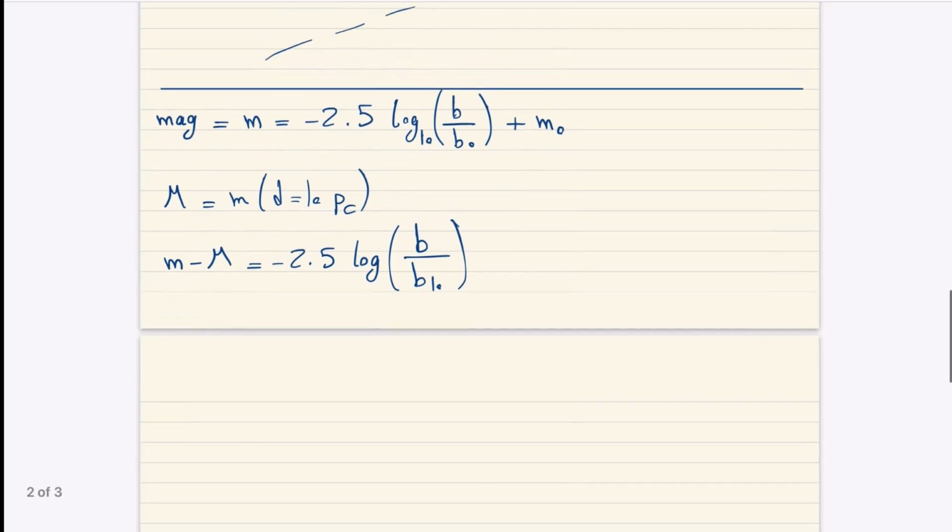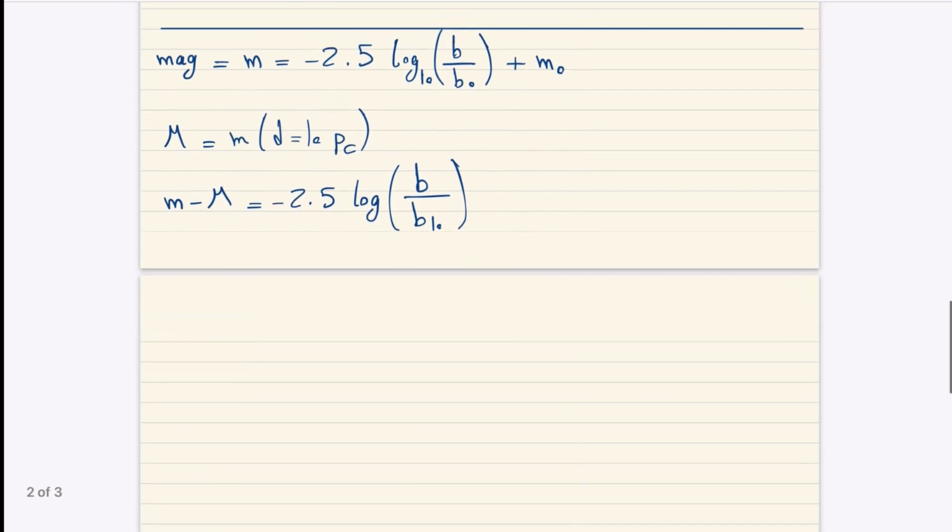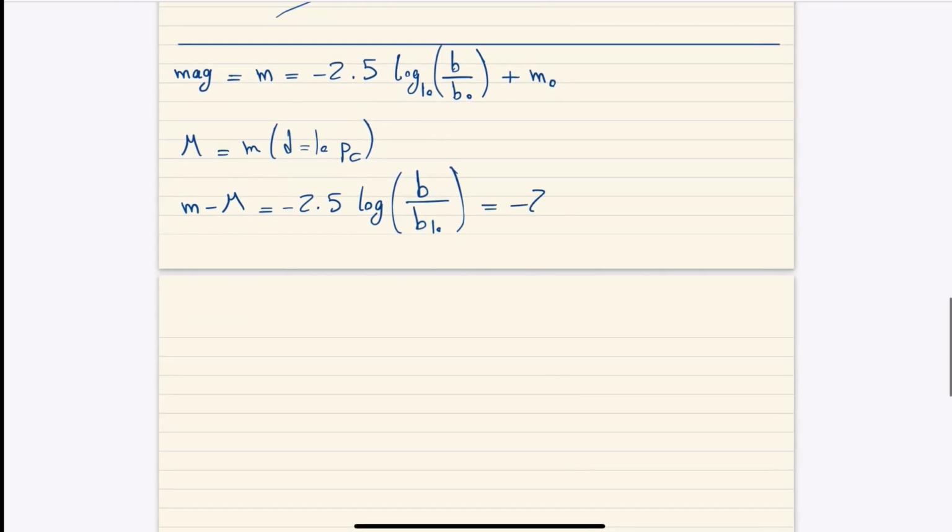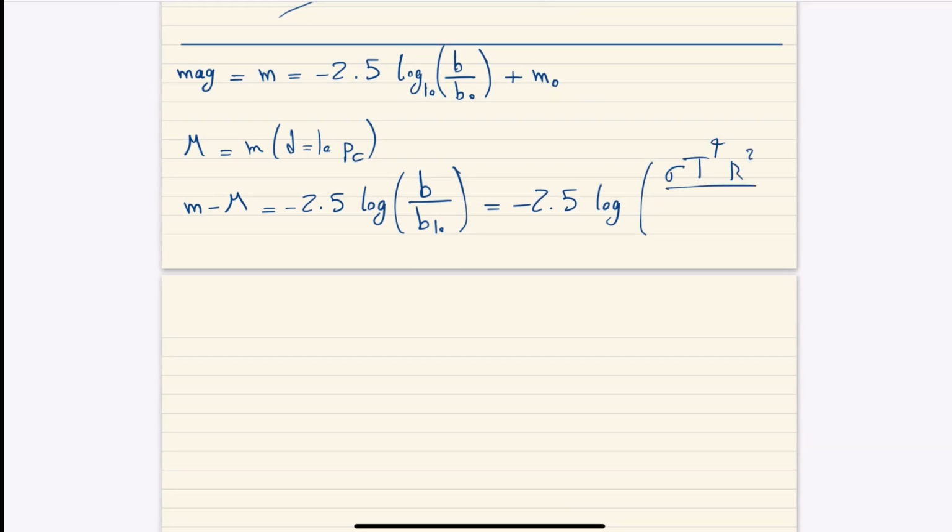And also, we don't have the m0 value anymore because it cancels out in the subtraction. If we expand the B, we have -2.5 logarithm of sigma T^4 R squared over d squared, over sigma T^4 R squared, because it's the same star, over 10 parsec squared.